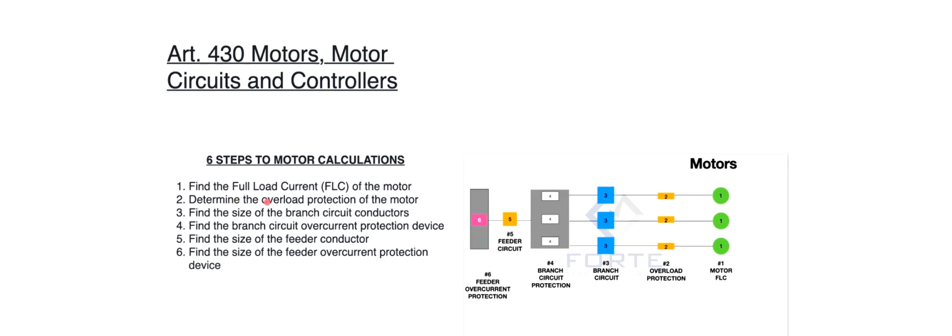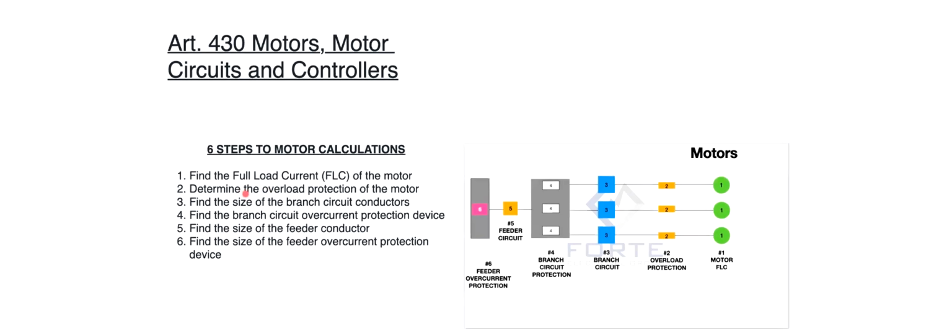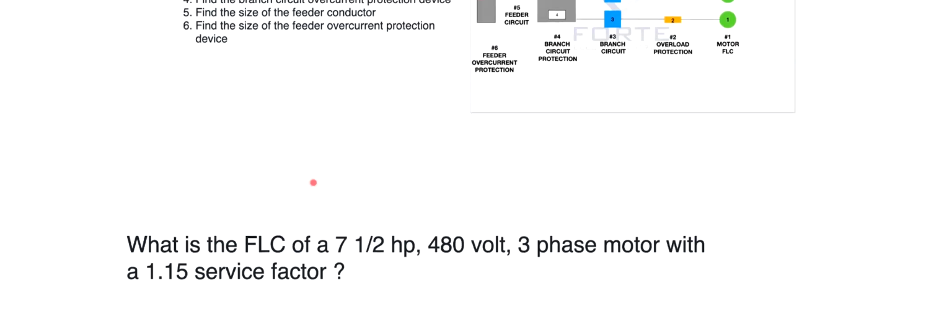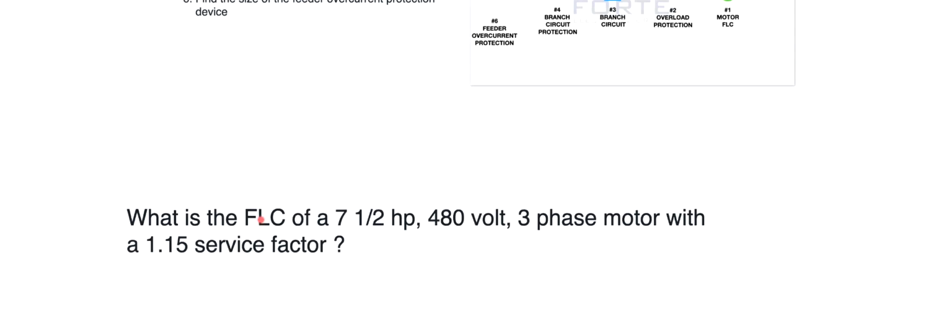So let's get on with finding the full load current. And what you'll see on a test is what is the FLC of a 7.5 horsepower, 480 volt, 3-phase motor with a 1.15 service factor. So right again, FLC, that tells you you're looking in your code book.